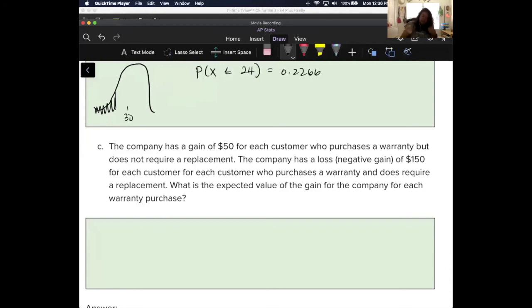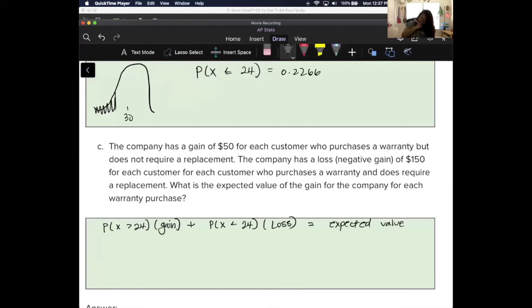So the probability of x being greater than 24 results in a gain, plus the probability that someone does replace the battery times the loss gives us our expected value.